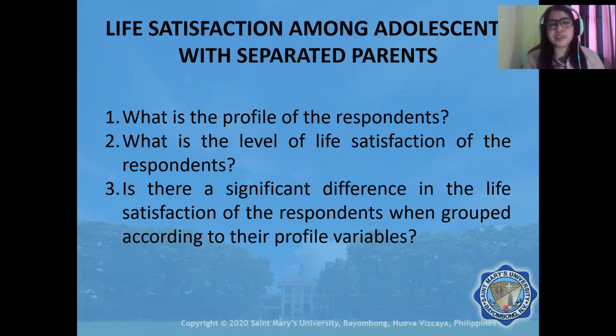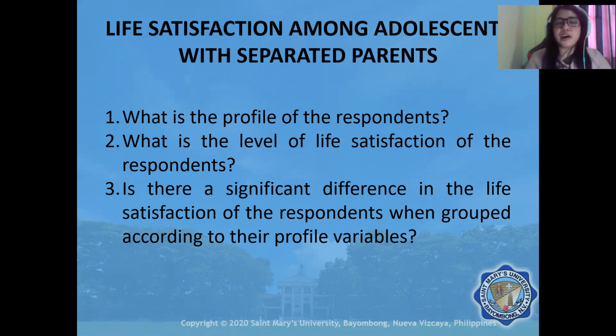However, in some papers, we are not encouraging placing the profile as part of the problems, because we already have a separate section for the respondents of the study. And we place the profile of the respondents under problem number 3. How will this be stated?